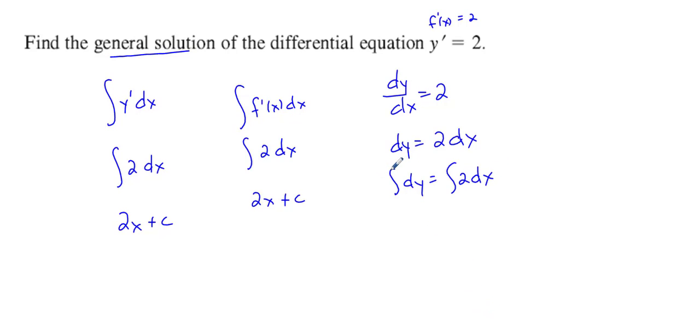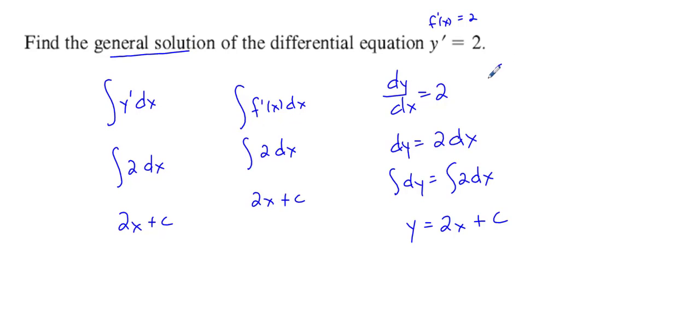What's the antiderivative of 1 with respect to y? Y plus c, right? But since we're taking the antiderivative of both sides, we only put the c on the right side. Because if you had a c sub 1 over here and a c sub 2 over there, you moved it over, it'd be c sub 2 minus c sub 1, which is just another constant, right? What's the antiderivative of 2 with respect to x? 2x, and then our plus c.